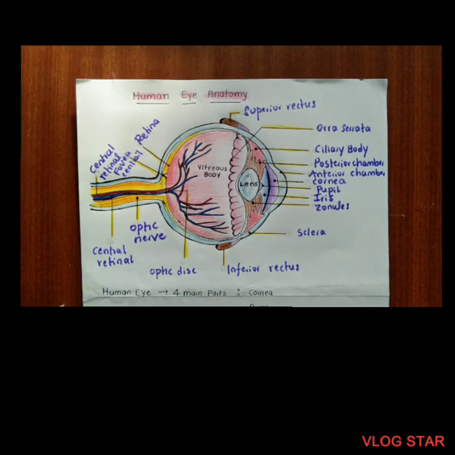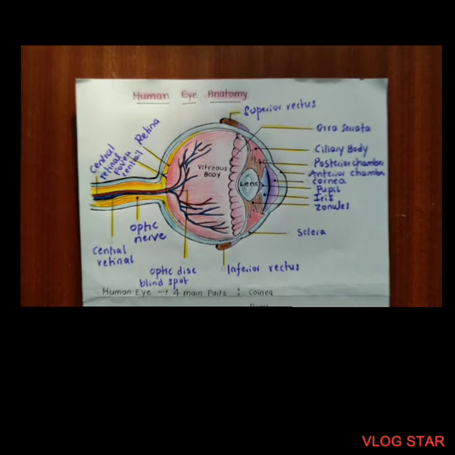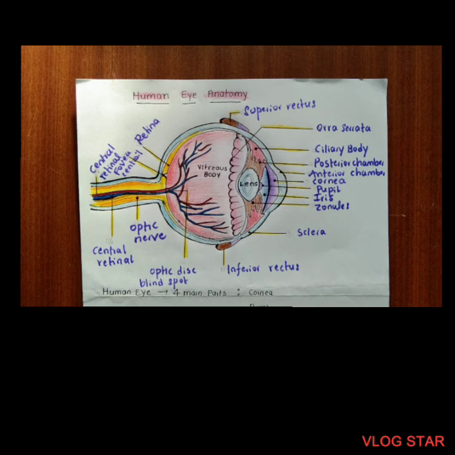Next one, optic disc. Optic disc is also called blind spot. It is the point of exit for ganglion cell axons leaving the eye, because there are no rods and no cones.